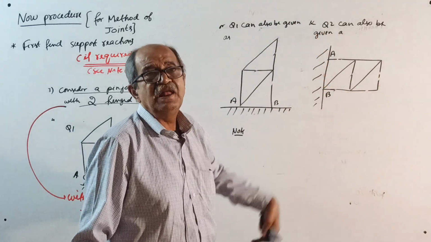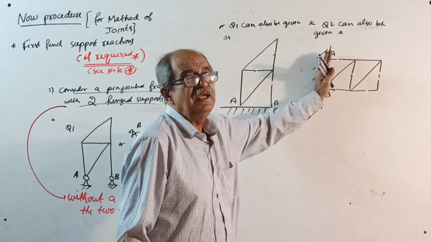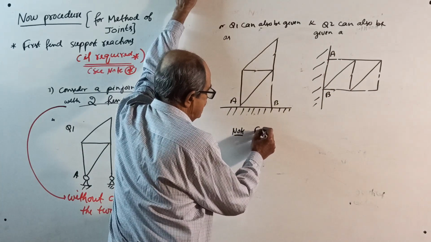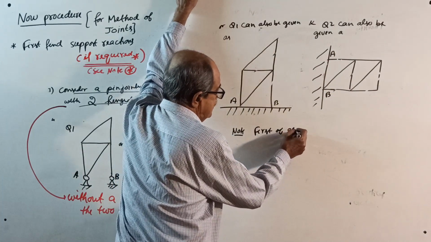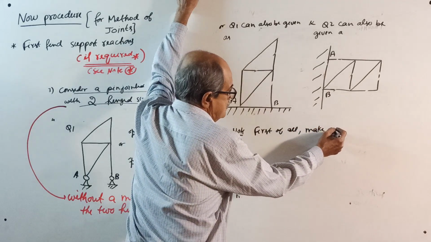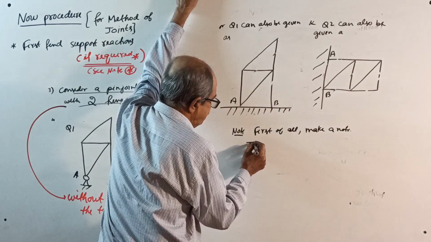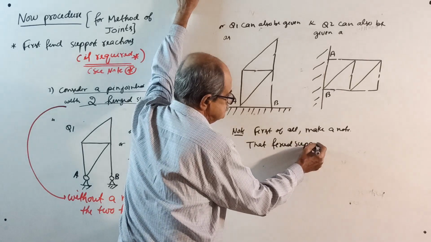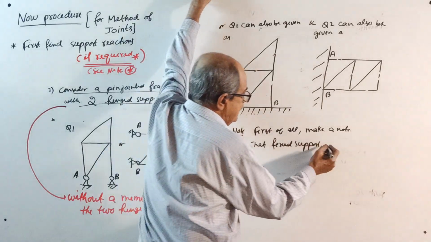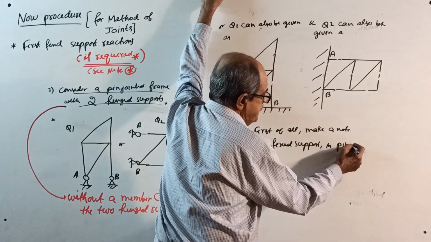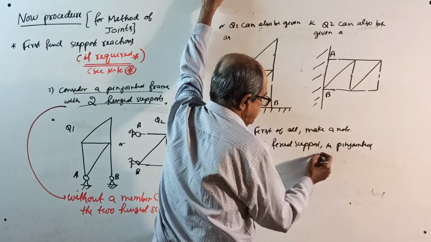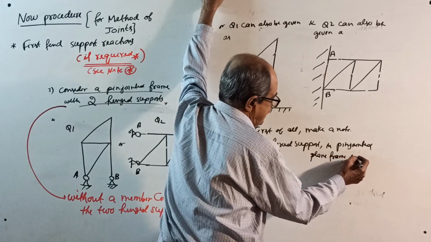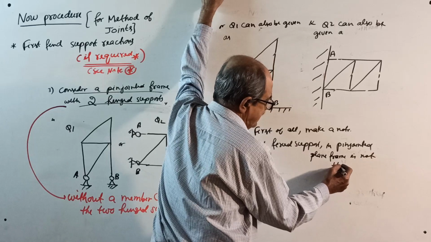Here, vertically a fixed support is there. First of all, make a note that fixed support in a pin jointed plane frame is not considered, is not there.